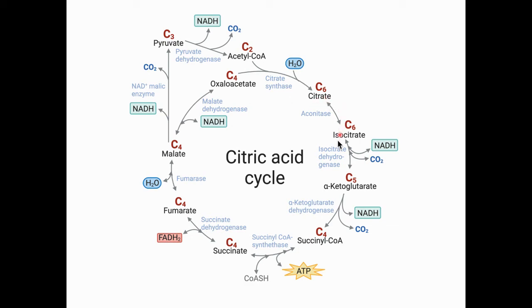From citrate to isocitrate, you need an isomerizing enzyme called aconitase. Isocitrate to alpha-ketoglutarate, you lose two electrons and it uses isocitrate dehydrogenase. Losing another two electrons is done with alpha-ketoglutarate dehydrogenase.